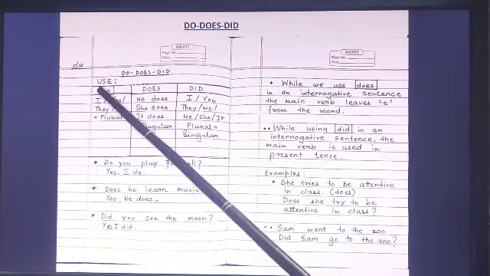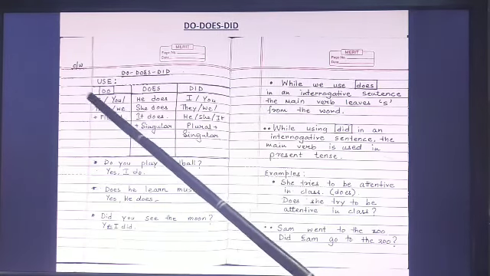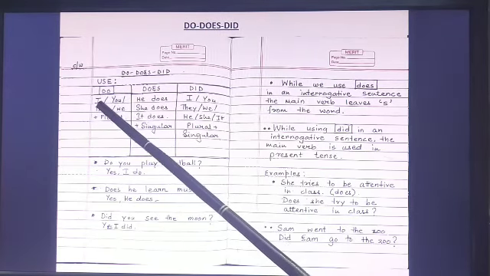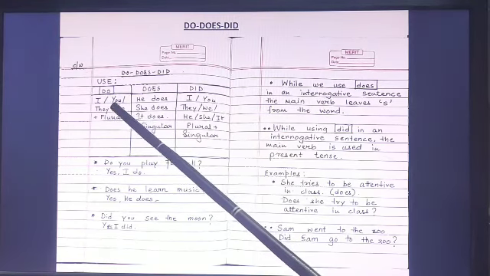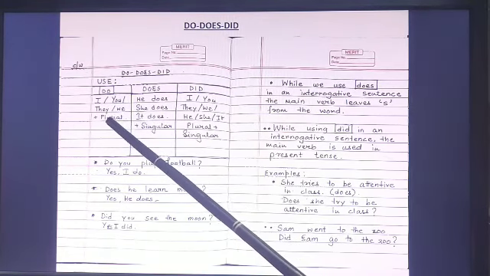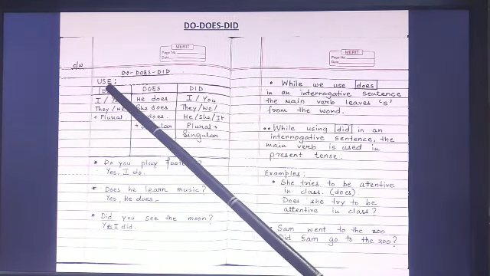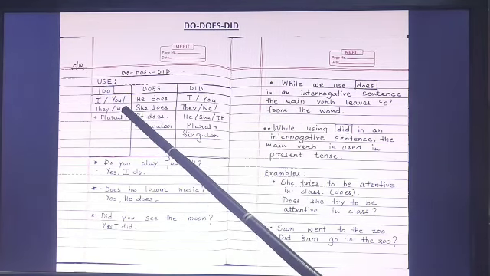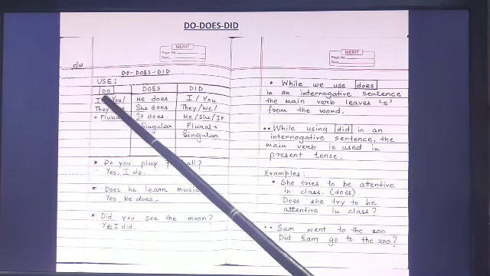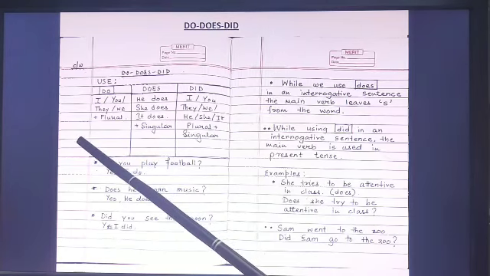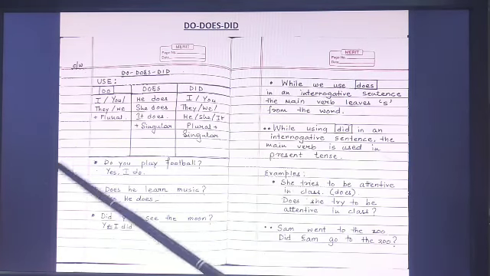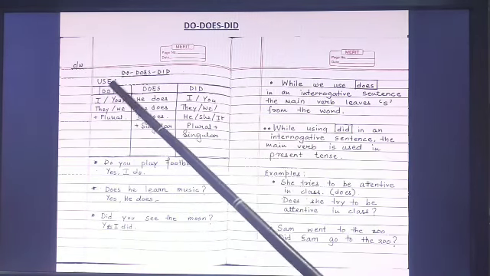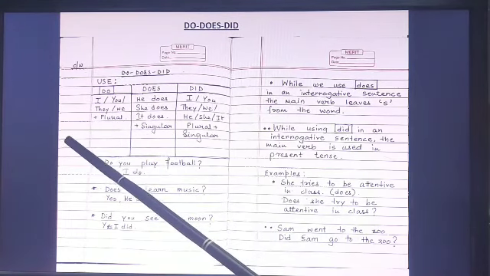So we use do with I, with you, with they, with we and with plural. That is, do I, do you, do they, do we. Okay. Since we are doing interrogative sentences, I have written do I. I'm questioning.